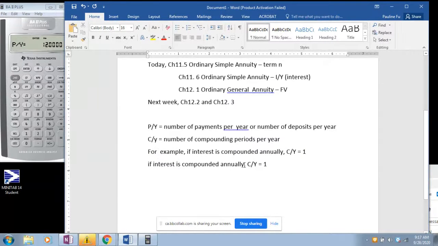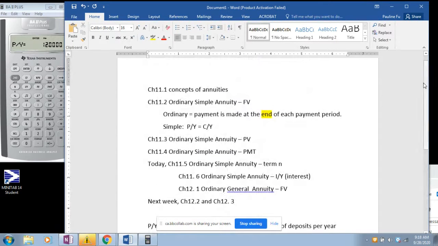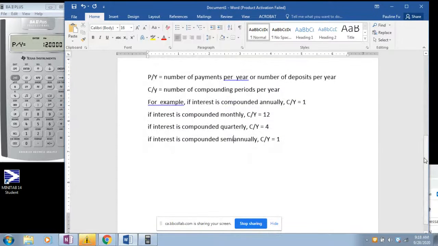If interest is compounded monthly, CY equal to 12. And if interest is compounded quarterly, CY equal to 4, because a year has 4 quarters. And if interest is compounded semi-annually, CY equal to 2.